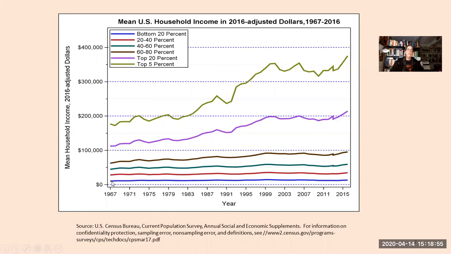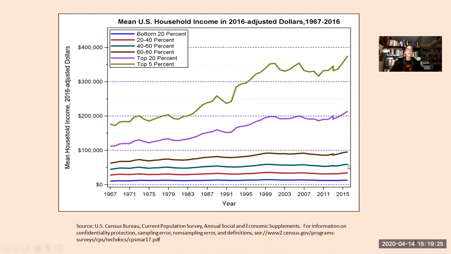So what has been the trend in income between 1967 and 2015 for the 20% of the population with the lowest household incomes? Well, you can see it's barely changed at all over 48 years. And what about the 20 to 40%? Getting closer to the median. Well, a little bit, but not much.